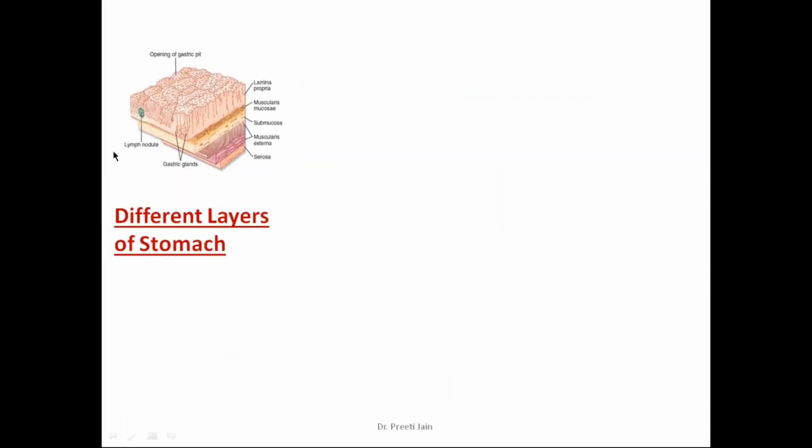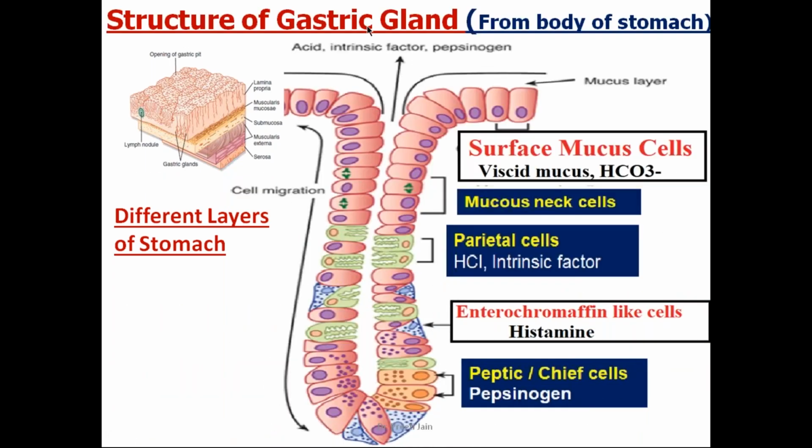So this is a diagram showing the different layers of the stomach. You have the mucosa. In the mucosa, you have the epithelium, the lamina propria, the muscularis mucosae, and then you have the submucosa, the muscularis externa, and the serosa. What we are concerned about is the structure of the gastric gland.